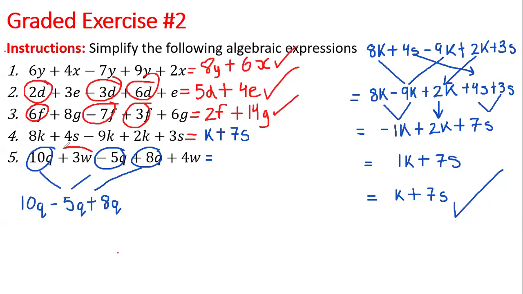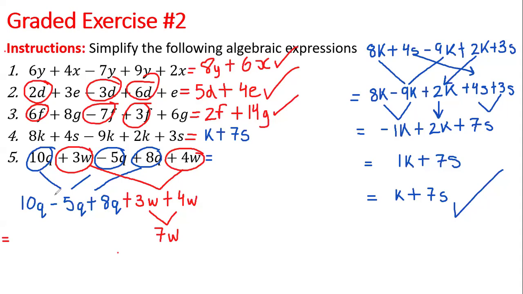Then we have 3w and 4w. So we bring this together: plus 3w plus 4w. What is 3w plus 4w? That's gonna be 7w, right? Good.